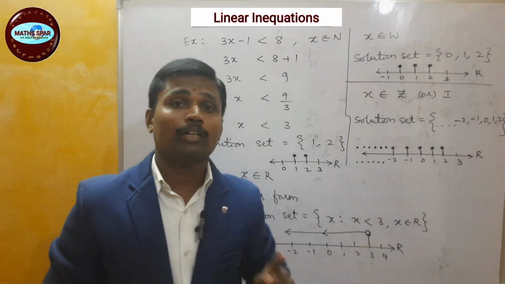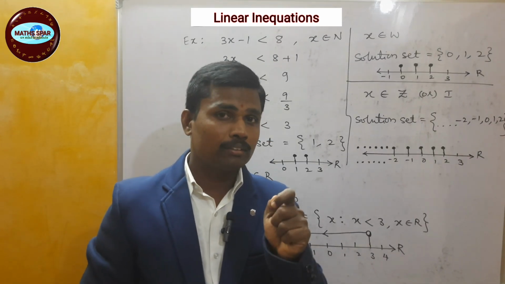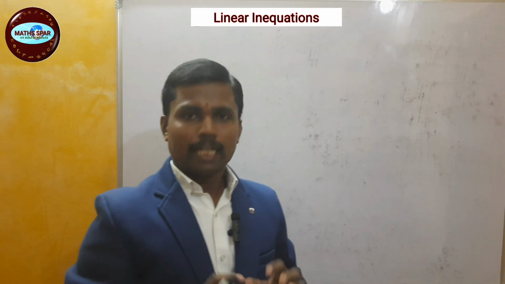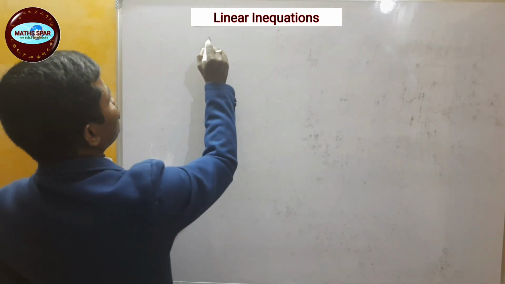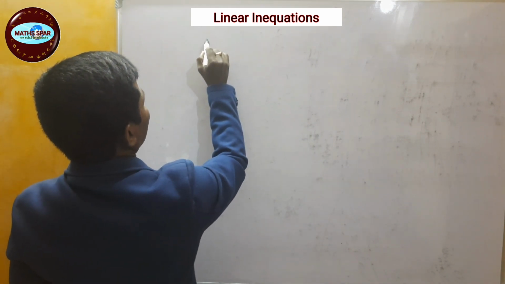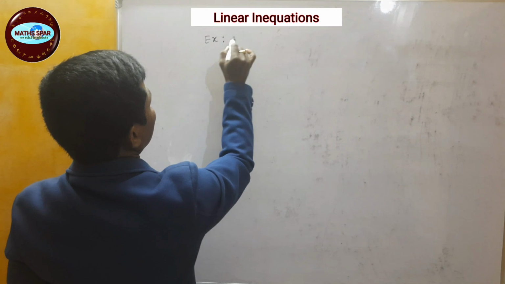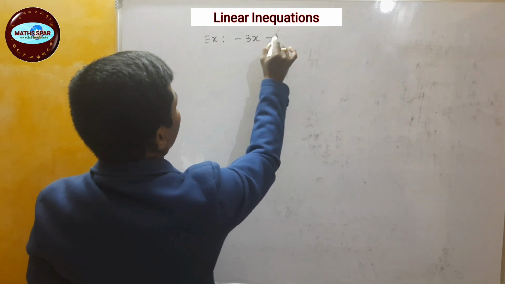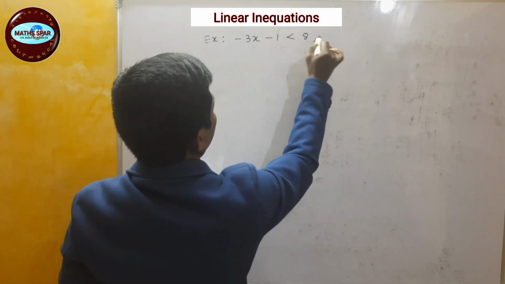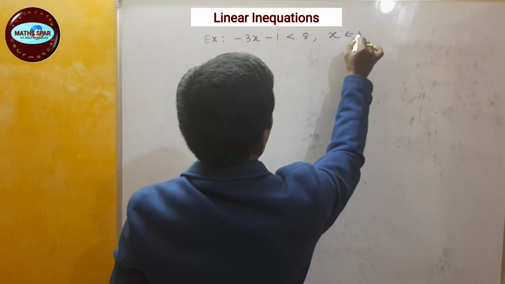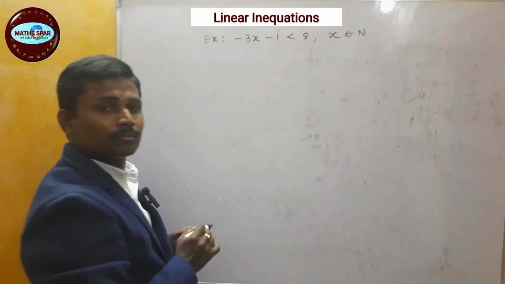Yet there is another important point to note. What is that? Example, for the same question, we make a little change. -3x minus 1 is less than 8, x belongs to natural numbers.